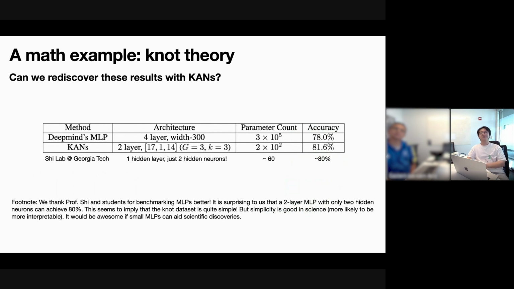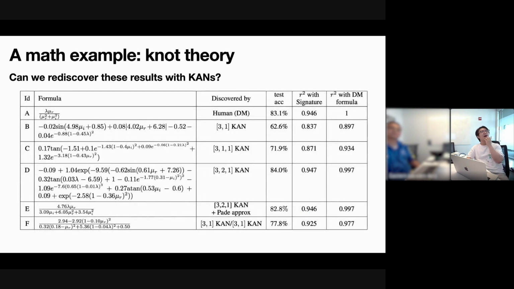Here's a comparison of the parameter count: we are able to reduce it from around 1 million parameters down to 100 parameters, and we can further turn the KAN model into symbolic formulas, and we can achieve the trade-off between accuracy and complexity.